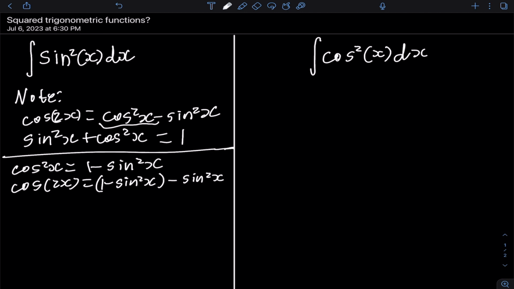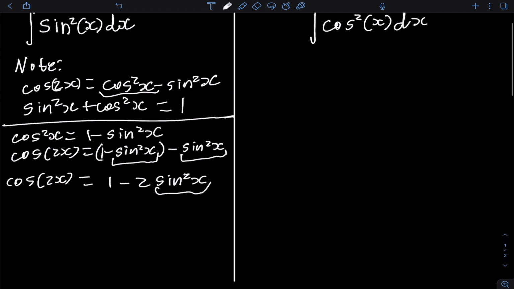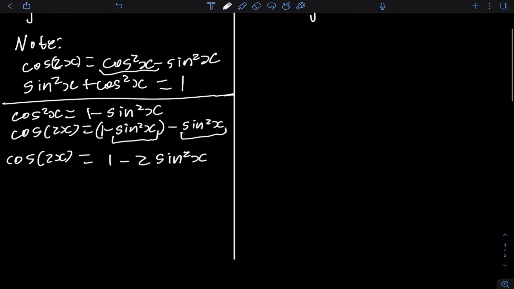What do we see here? We can combine like terms. We have a sine squared x minus a sine squared x, so that's a minus 2 sine squared x. So cosine 2x is equal to 1 minus 2 sine squared x, after combining like terms. Now we can finally solve for sine squared x in terms of cosine 2x, pretty easily, because all we need to do is add 2 sine squared x on both sides.